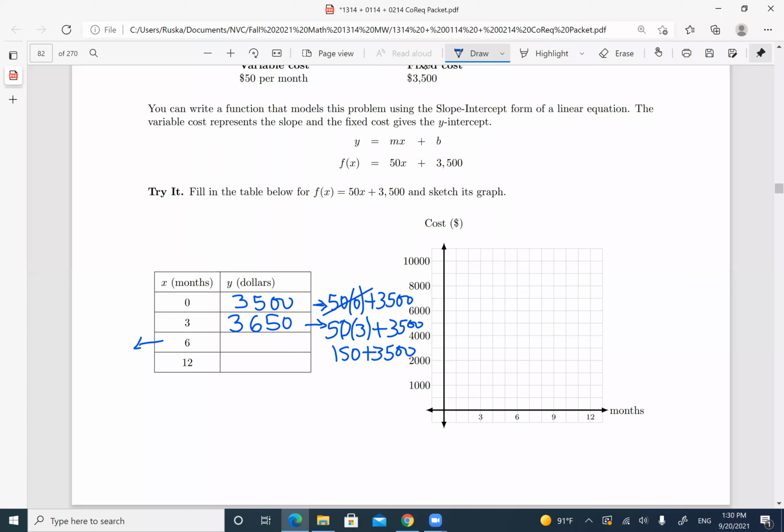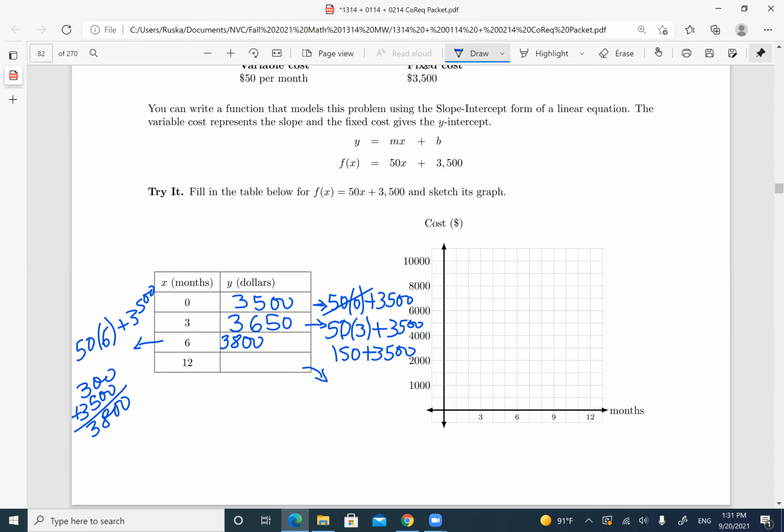Hundreds. 50 times 6 is 300, right? Plus 3,500, 3,800. Okay, and then the last one is when x is 12.